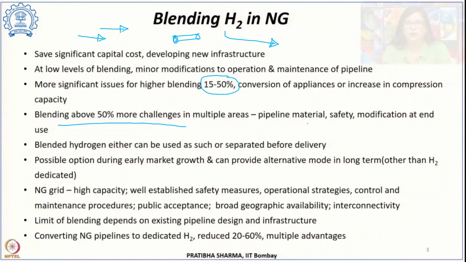If you go above 50%, you have to take care of the pipeline material, pipeline safety, all the things. Generally, if we use less than 50% or less than 40%, it is okay with a natural gas pipeline. It will all depend on the demand at the end.